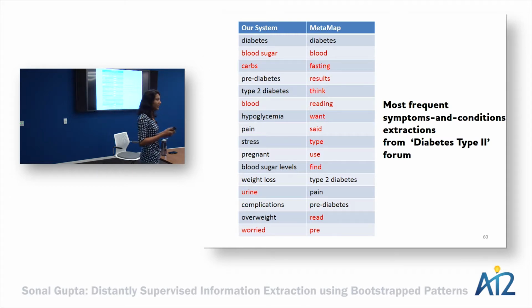It learns according to this domain what the good contexts are that are useful. MetaMap doesn't even look at the domain or the text. So for example, over here, SAID matches. It matches because SAID is an abbreviation of a drug that no one knows about, and people probably do not use on the forums, but it still matches because it's in the ontology and the lexicon they have created. So it does very dumb matching of things.